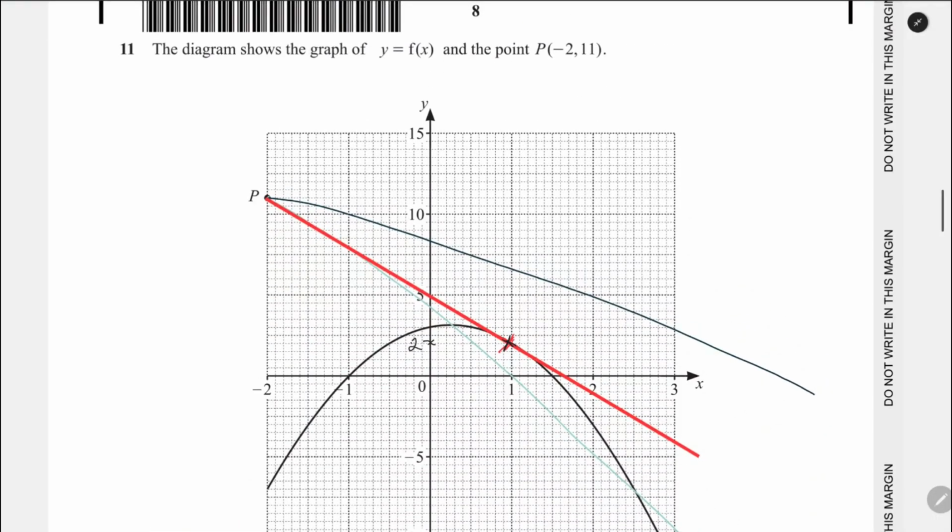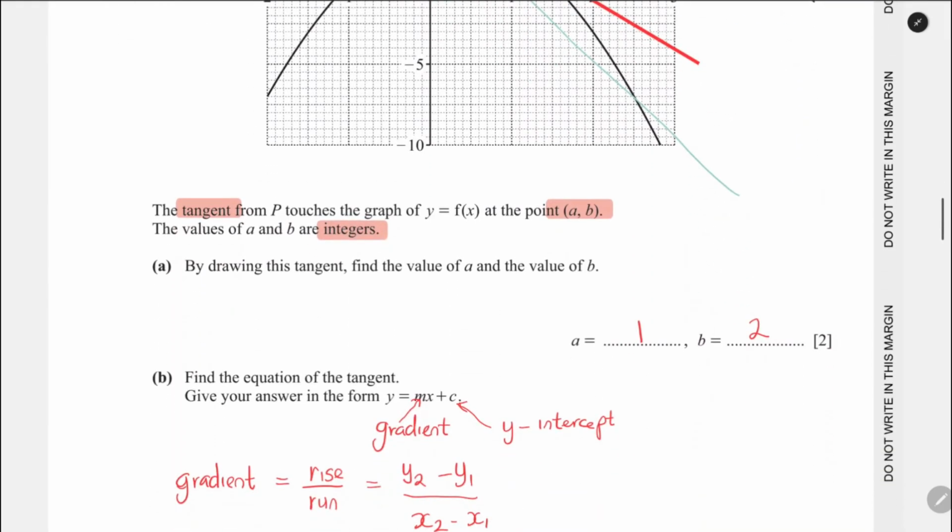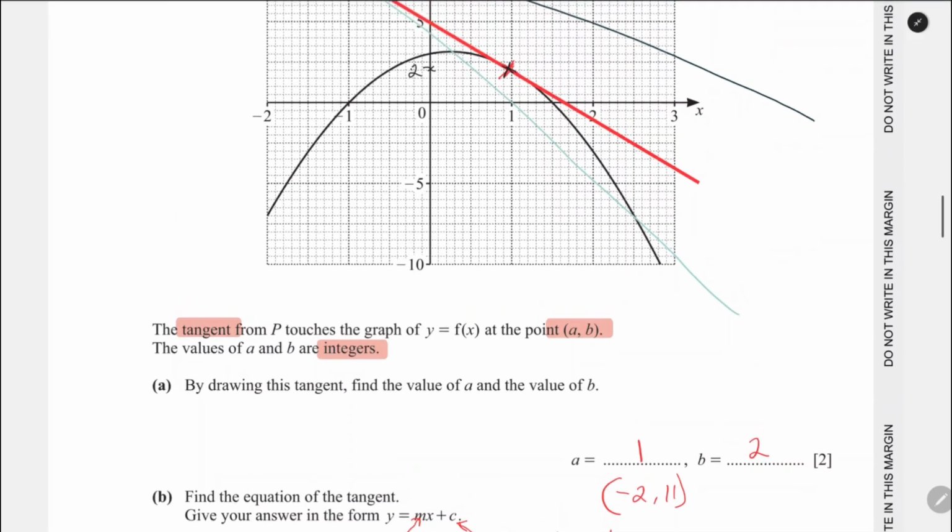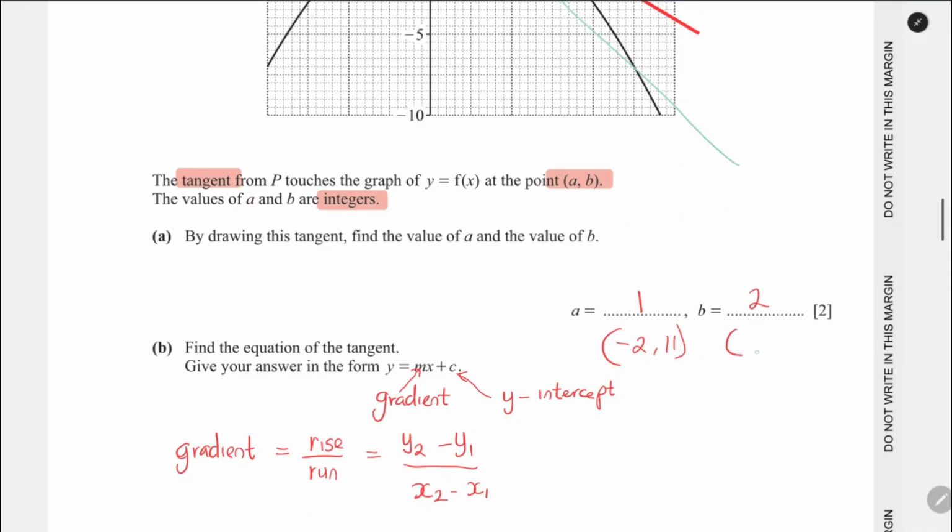Originally in the question, we were told that point P is (-2, 11). And our tangent also gives a point on the line, (1, 2). So those are 2 points on our line. What we now need to do is to choose which one is 1 and which is 2. The first one I'll choose as x1, y1, and this will be x2, y2.